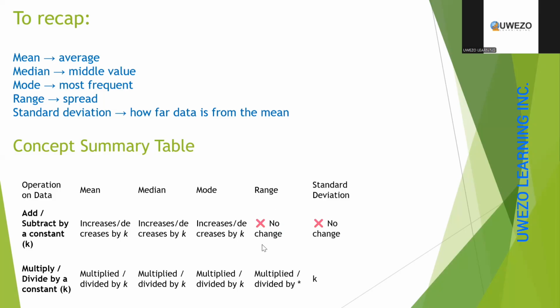So if you add a constant or subtract a constant from all the values in the data set, range and standard deviation remain the same. And if you're multiplying or dividing by a constant, then all 5 parameters are going to change. So remember all these points and execute them properly in your SAT exam.